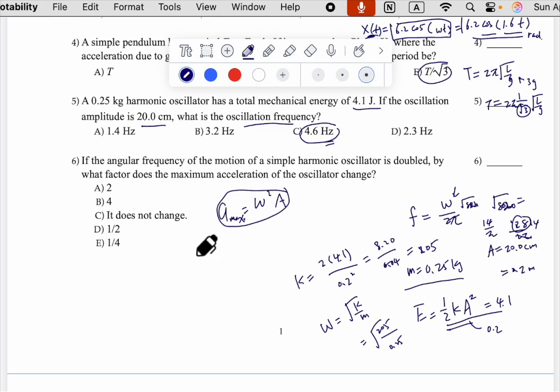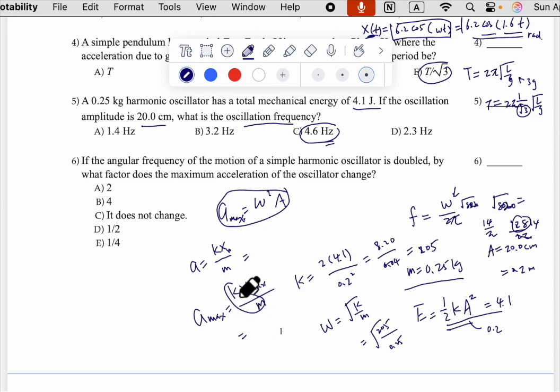There are several ways to get this. Acceleration equals kx over mass. Then the maximum acceleration equals k times maximum displacement over m.